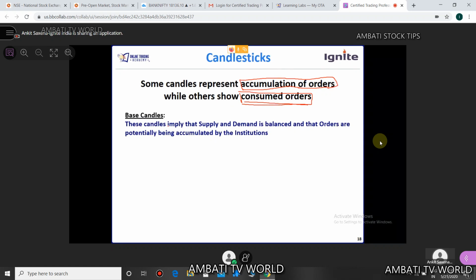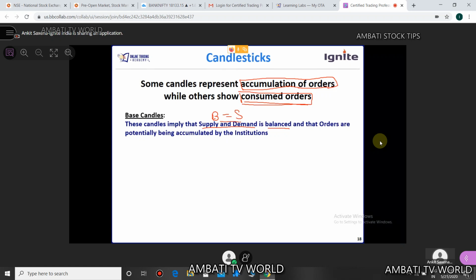Base candles imply that supply and demand is balanced. So when will supply and demand be balanced, guys? Tell me. I'm not talking about consolidation, but supply and demand will be balanced when the number of buyers is equal to the number of sellers, isn't it?